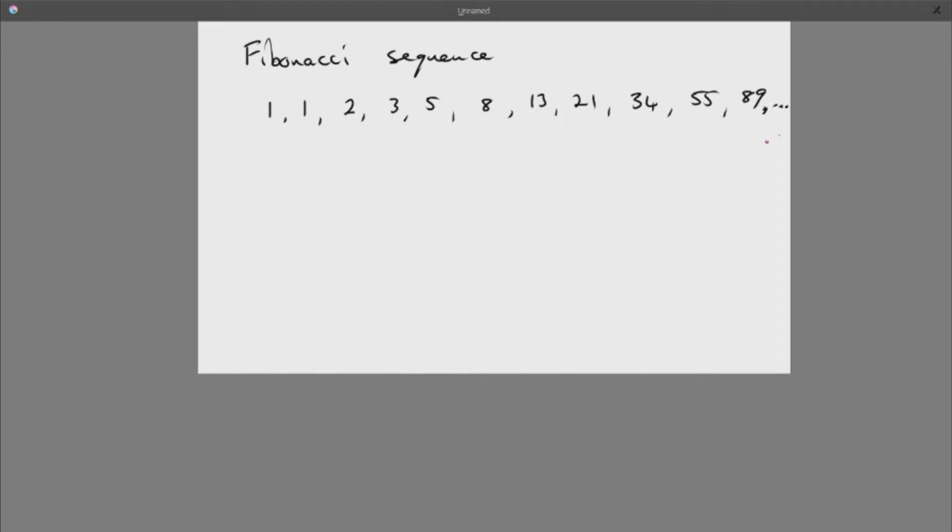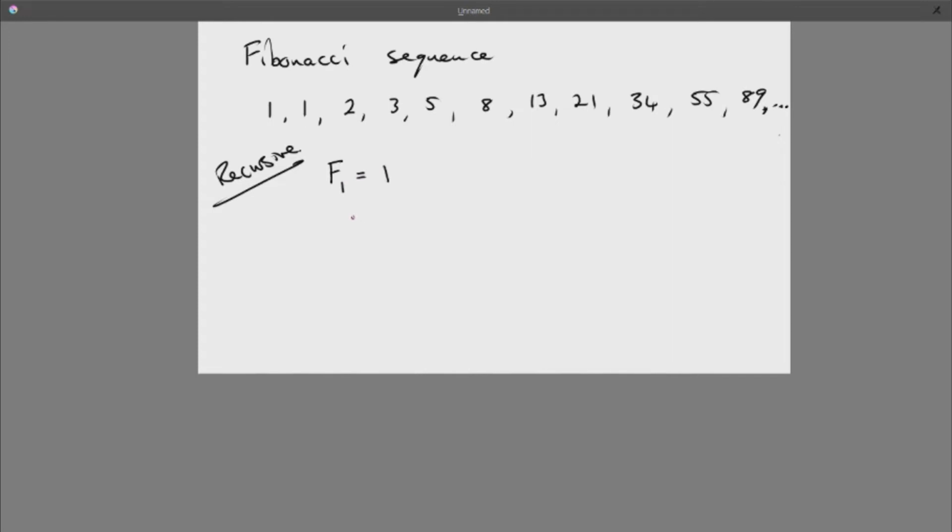Now, can we explain that pattern with a recursive formula? Because this sequence turns out to be really special, we're not going to use an A, we're going to use an F, for obvious reasons. Recursive formula. F1 is 1.